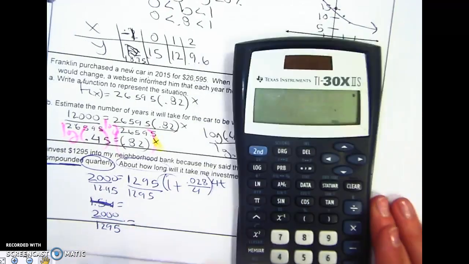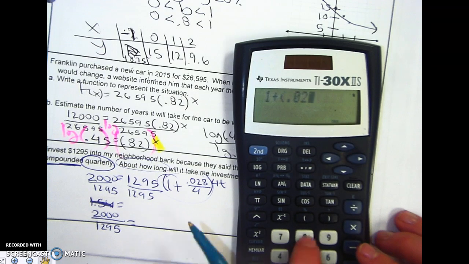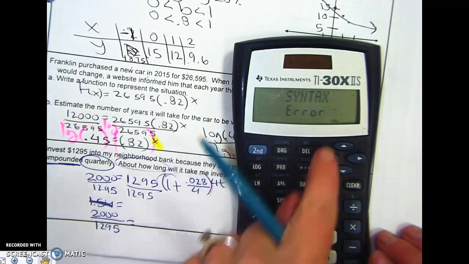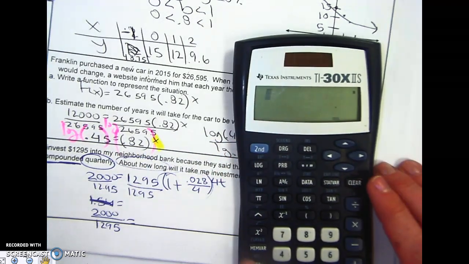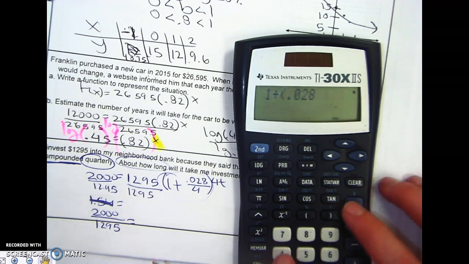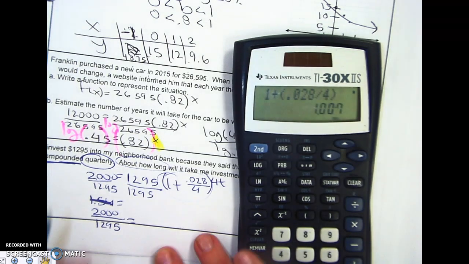That's more important to me right now. 1 plus parenthesis 0.028 divided by 4 and parenthesis. Oops. Not doing well on this one, am I? Okay. So 1 plus parenthesis 0.028 divided by 4. And I get, oh, that one worked out perfectly.